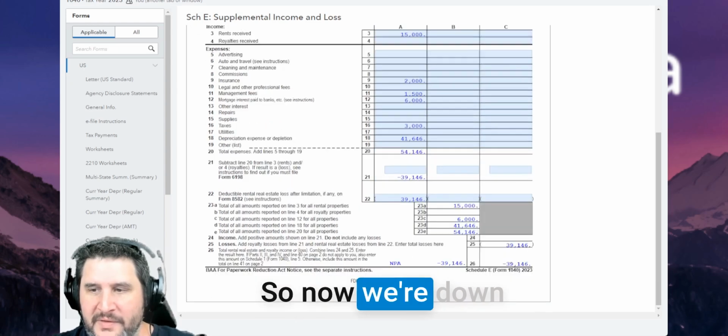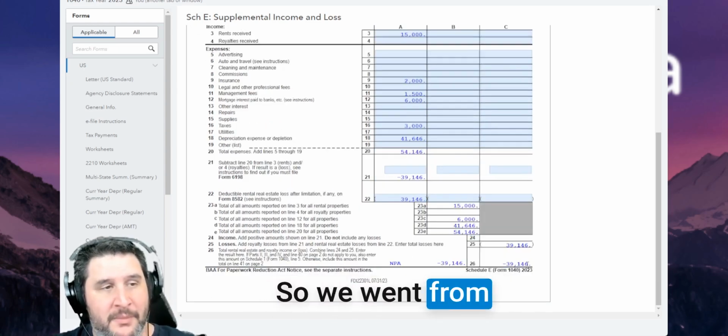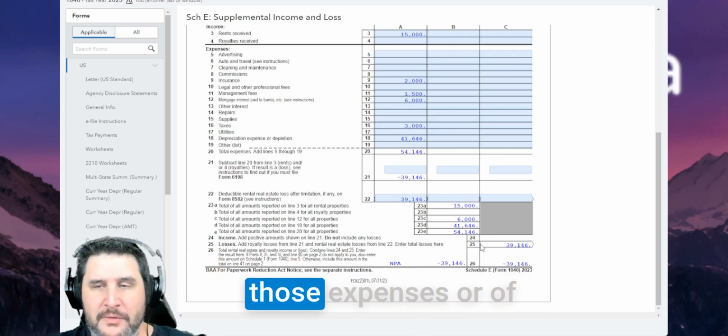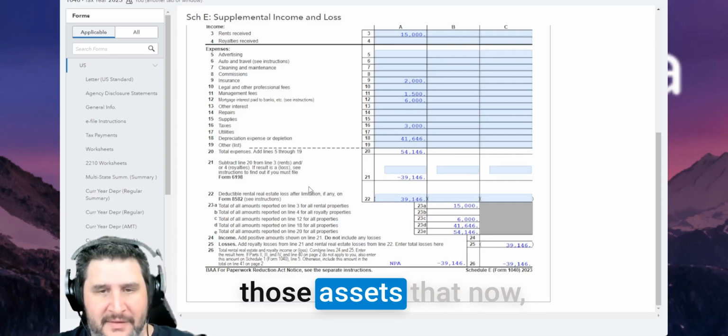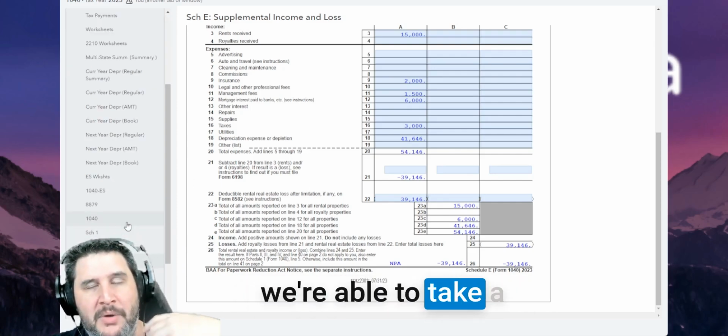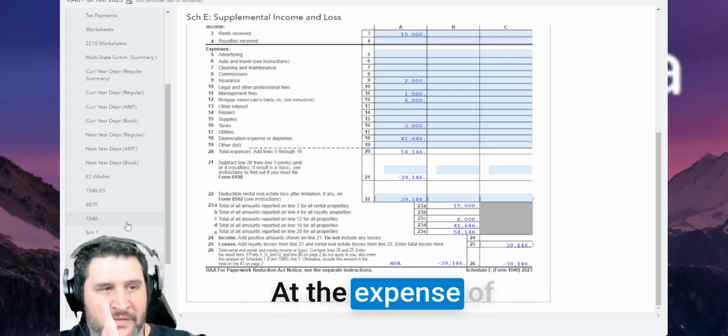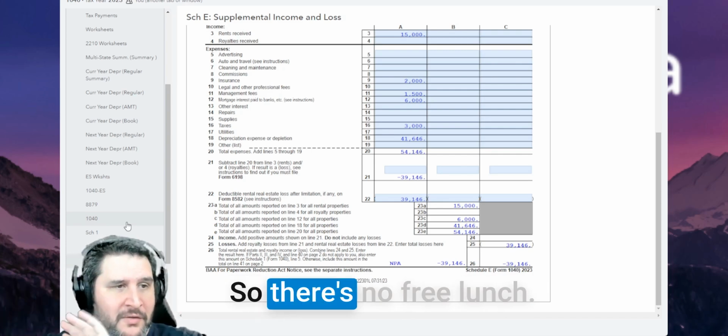So now we're down here at negative 39. So we went from -7 to negative 39 because of the reclassification of those expenses or of those assets. That now we're able to take a stronger depreciation in the early years at the expense of not taking it in the later years. So there's no free lunch.